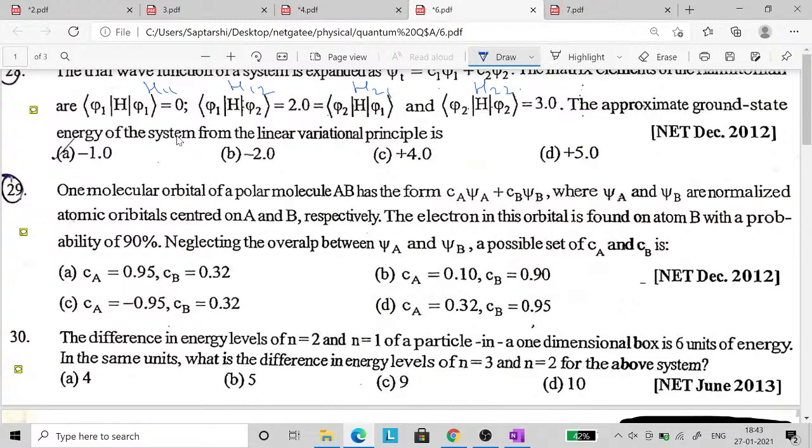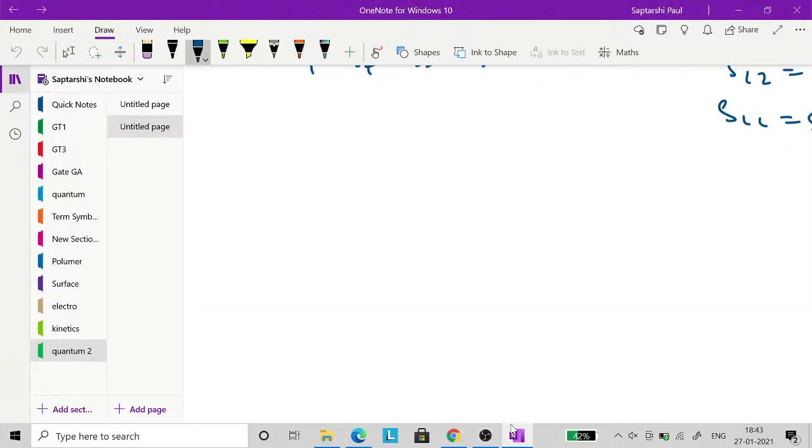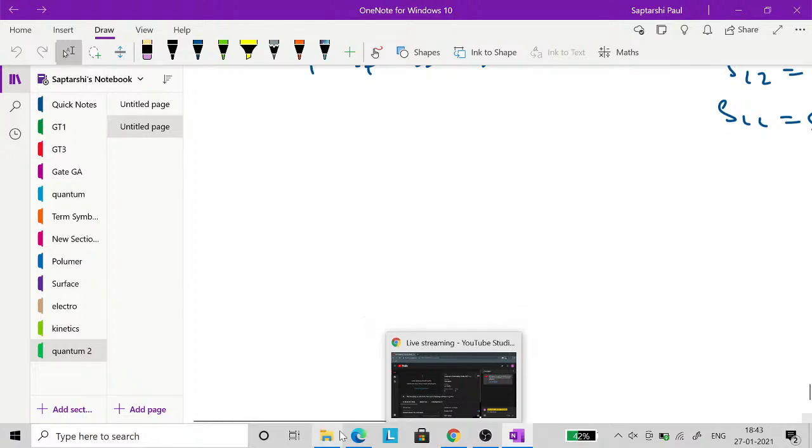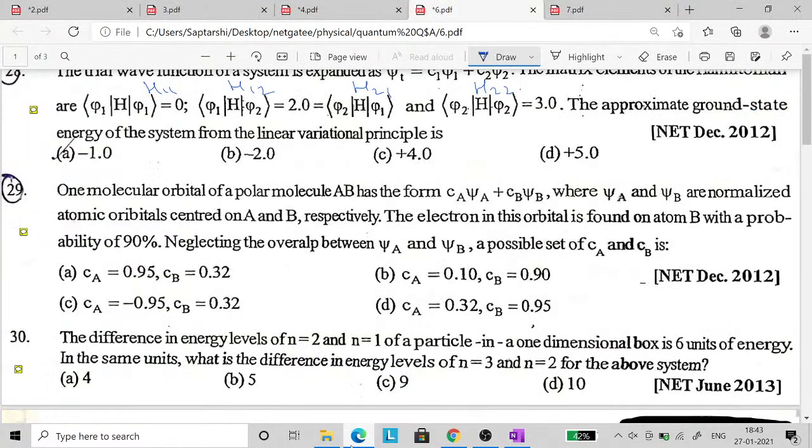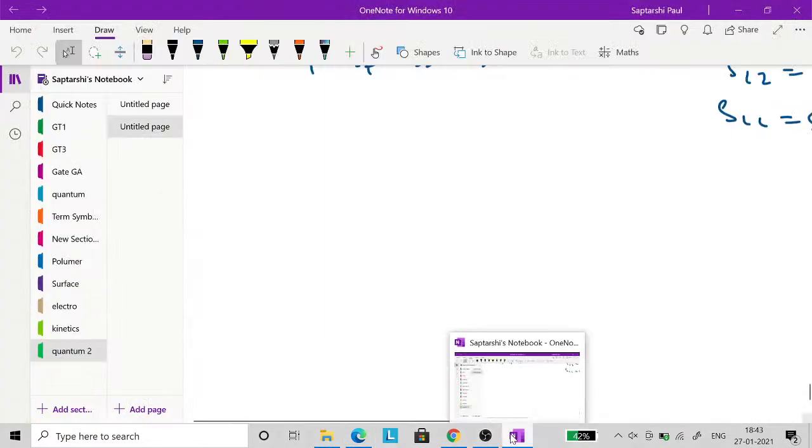So we have all the values, right? We have the value of h12 and h21, we have the value of h22, we have the value of h11. We'll see the values of 1 and 4 are 0, and the values 2 and 3.